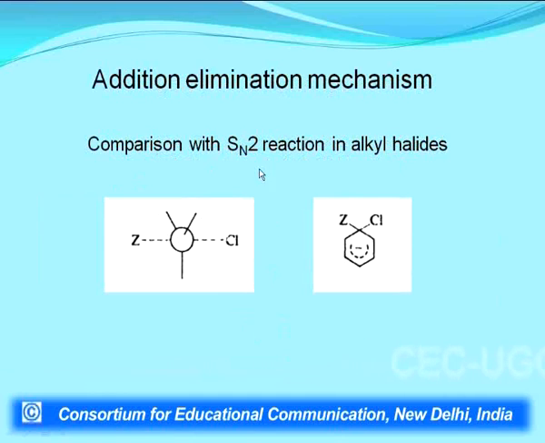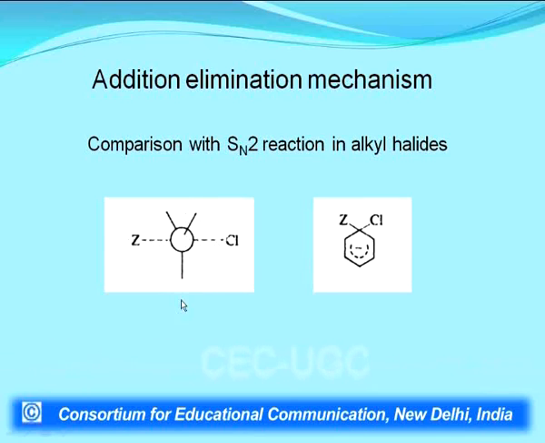Now, let us compare this SN2 reaction of alkyl halides with that of aryl halides. Suppose Z is a nucleophile here and chlorine is a leaving group. In this case, in SN2 mechanism, this is a transition state where nucleophile and the leaving group both are attached to the carbon.